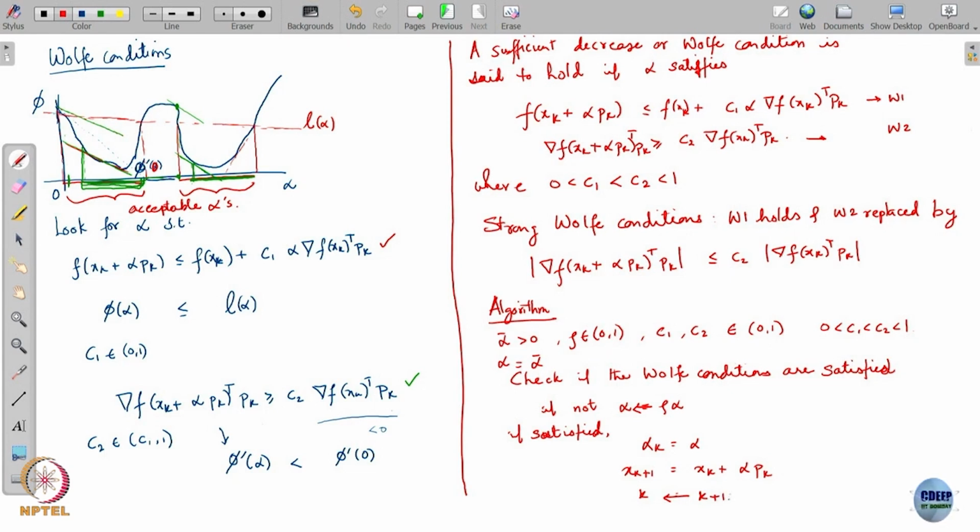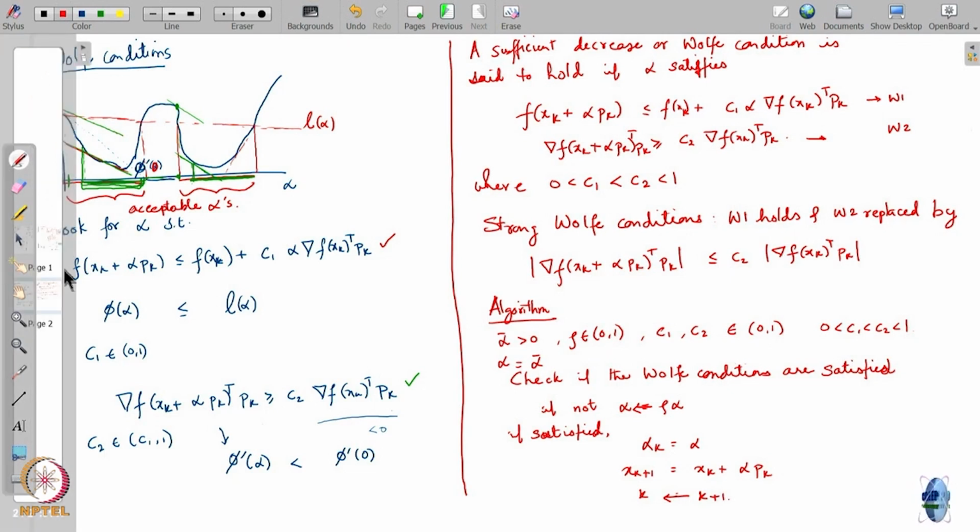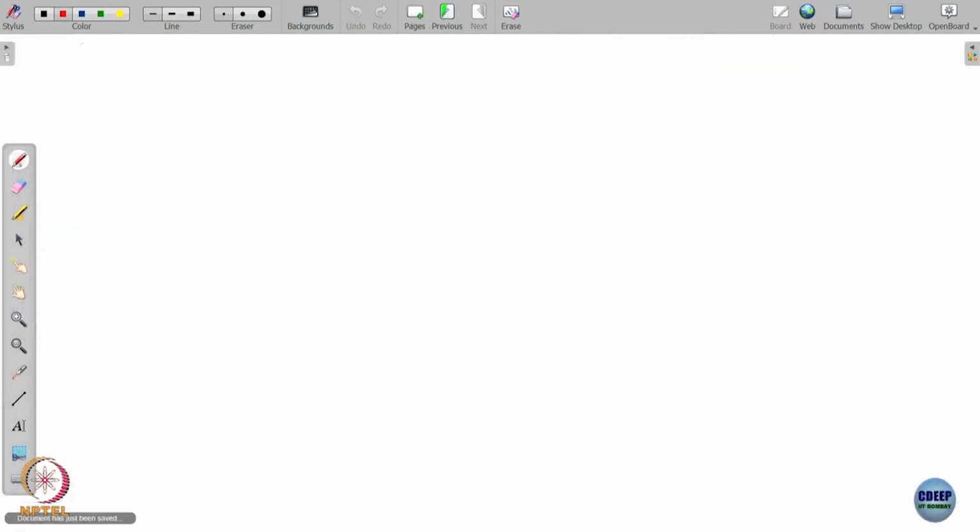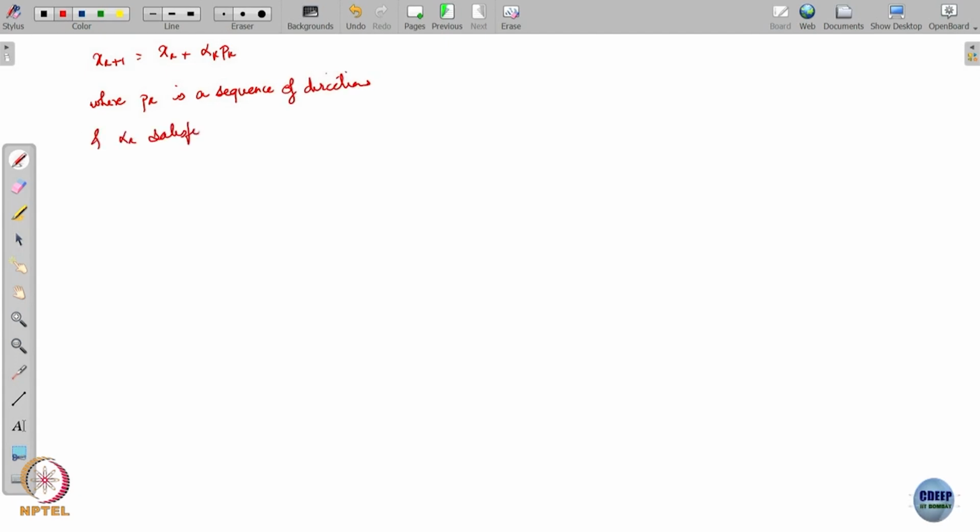So, your algorithm then effectively takes you through these iterations where x k plus 1 equals x k plus alpha k p k, where p k is a sequence of directions, and alpha k satisfies the Wolfe conditions at each k.